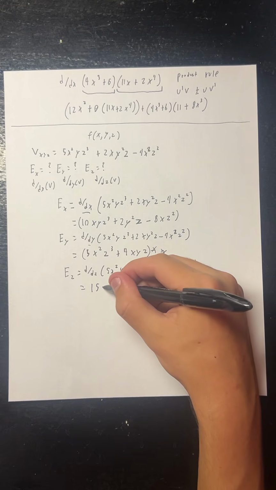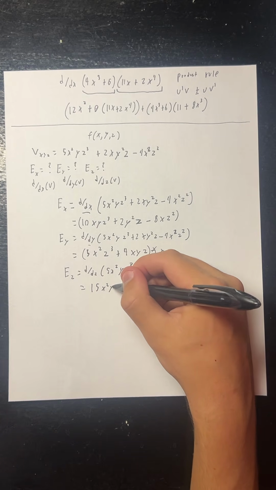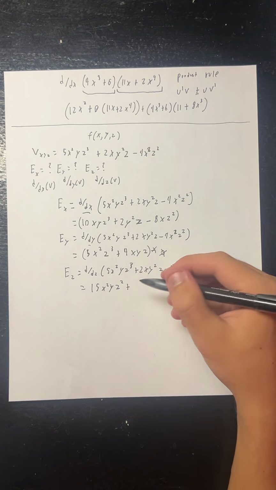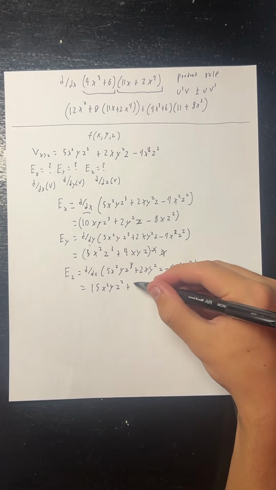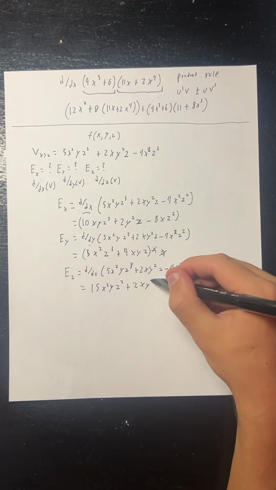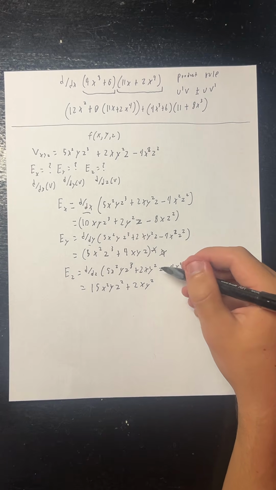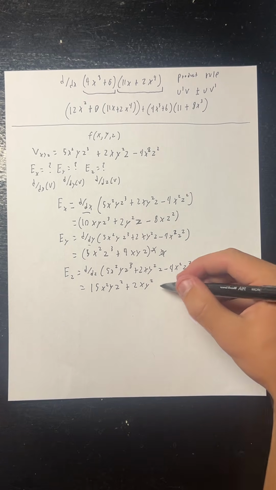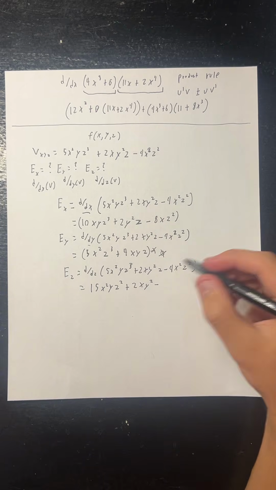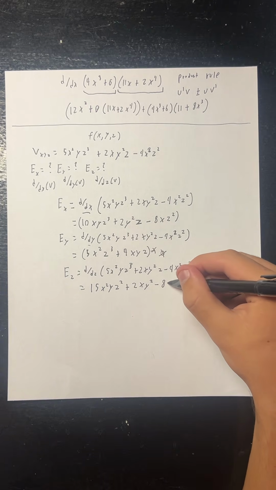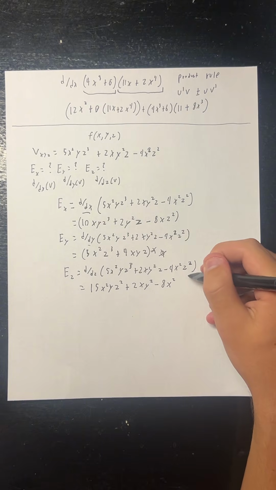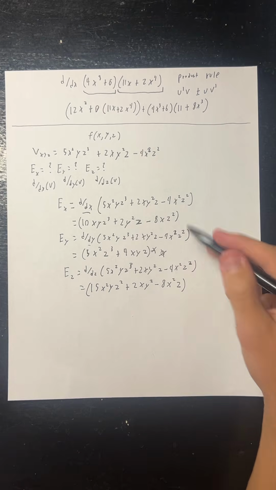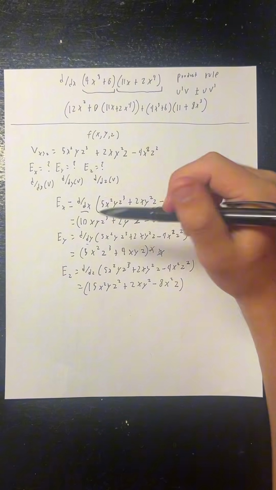This becomes 15x squared, and you keep the y, and z goes down to 2, plus 2, keep the same, z just gets out of here because there's no power, minus z has 2, so 8, keep the x the same, x squared, z drops to 1. And there we have our 3 equations for our electric fields.